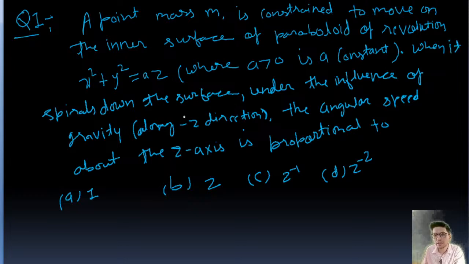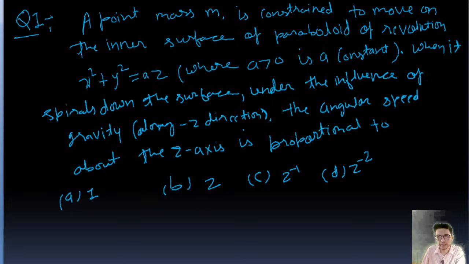When it spirals down the surface under the influence of gravity along minus z direction, the angular speed about the z axis is proportional to, so you need to find the angular speed about the z axis.